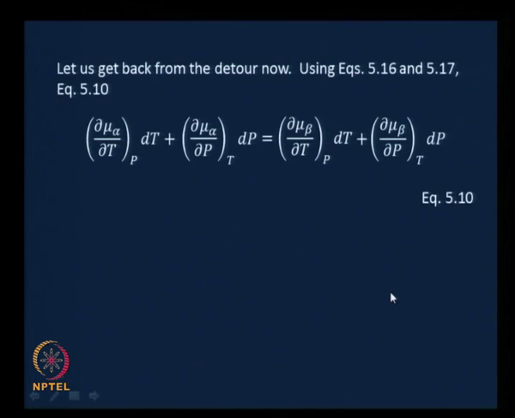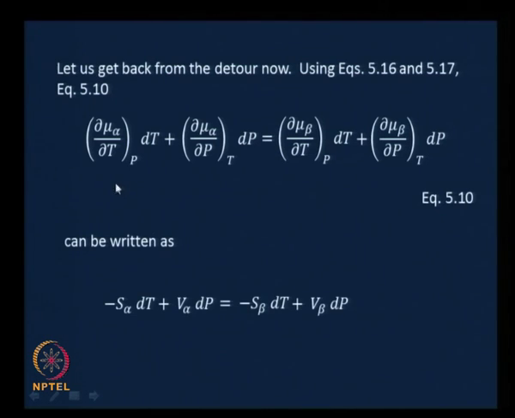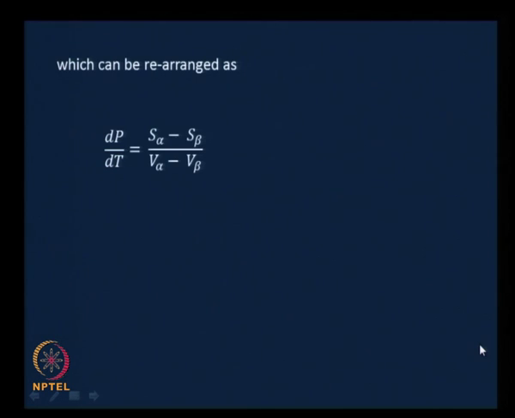When we substituted these, we could write this in terms of molar entropies and molar volumes, and just by rearranging that we could get dP/dT as the difference in entropies divided by the difference in specific volumes.